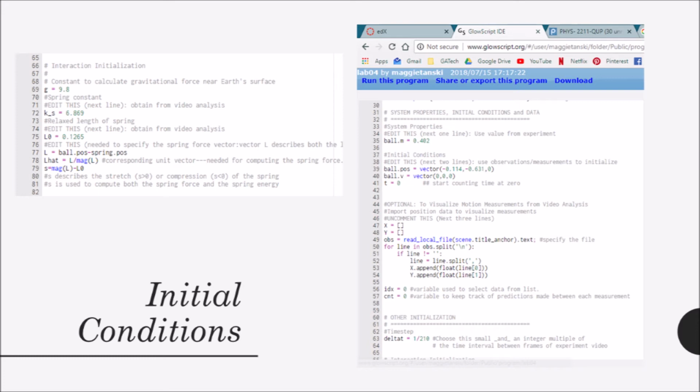Our other initialization includes the gravitational constant, 9.8 newtons per kilogram, the spring stiffness, 6.869 newtons per meter, and the relaxed length of the spring, which is 0.1265 meters. We set L to be equal to the position of the mass minus the position of the spring, L hat to be L over the magnitude of L, and S to be equal to the magnitude of L minus L0.